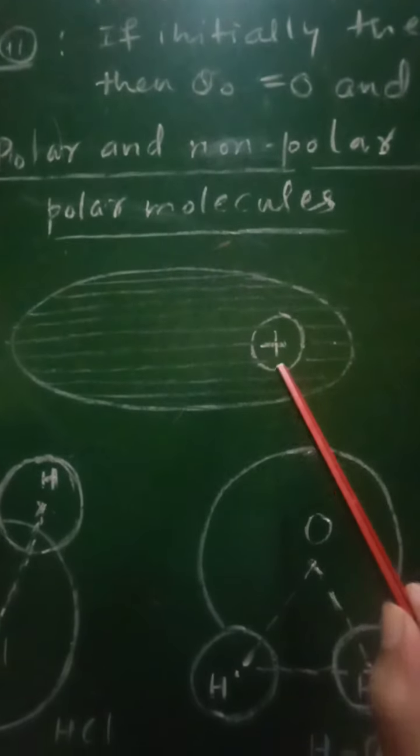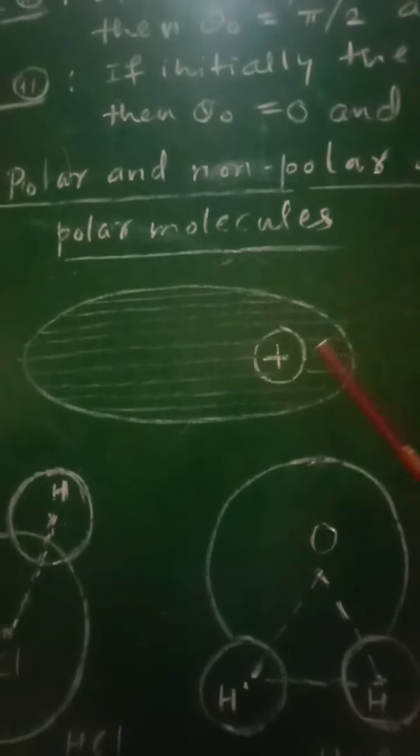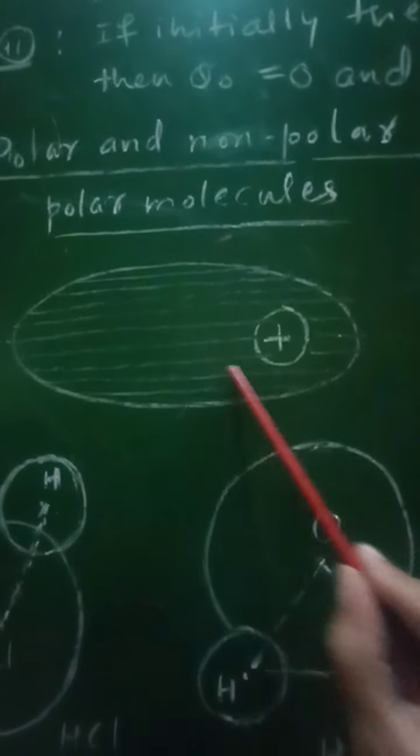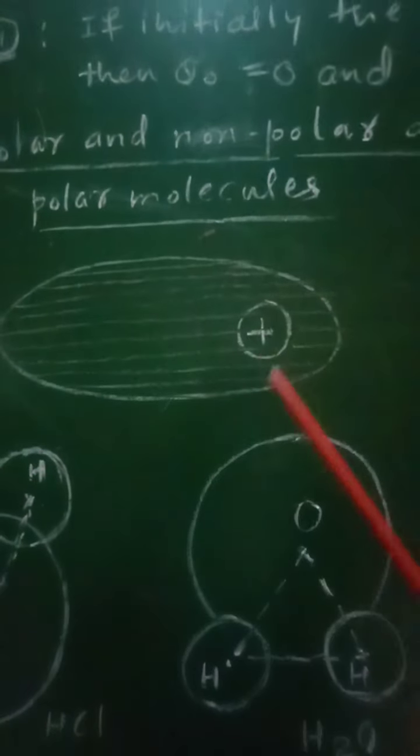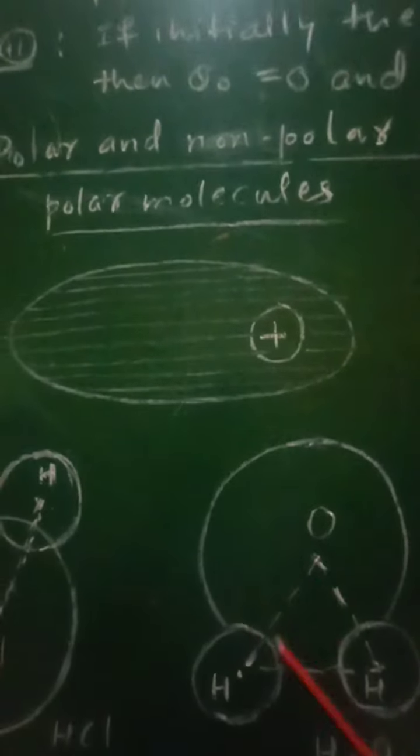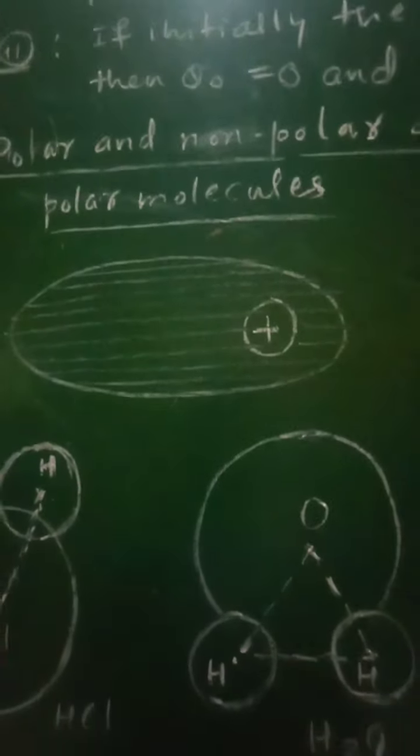In this case, this molecule is asymmetric in shape, that is the center of mass of the positive charge and the center of mass of the negative charge will not coincide, and that's why this molecule is a polar molecule.